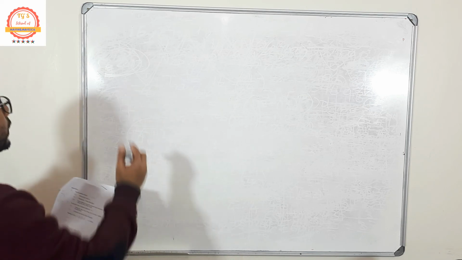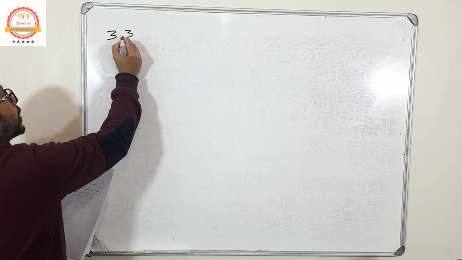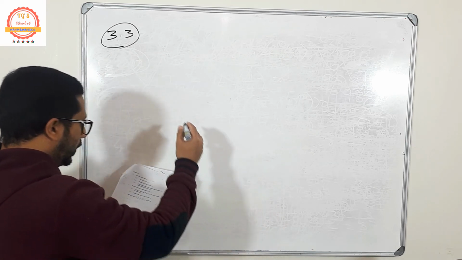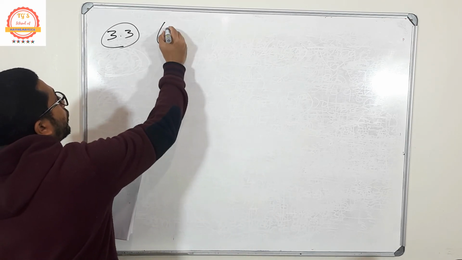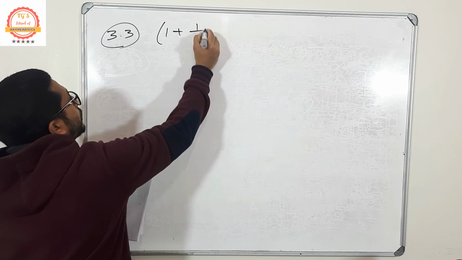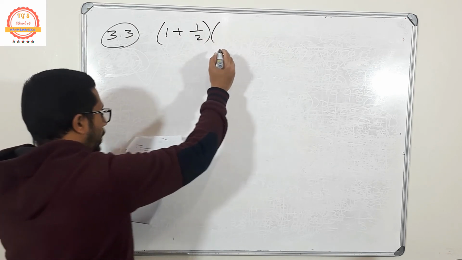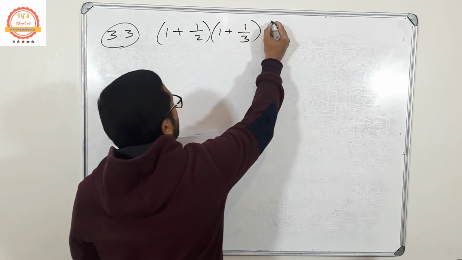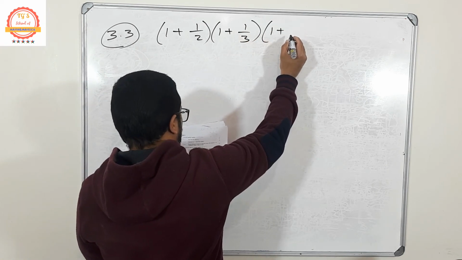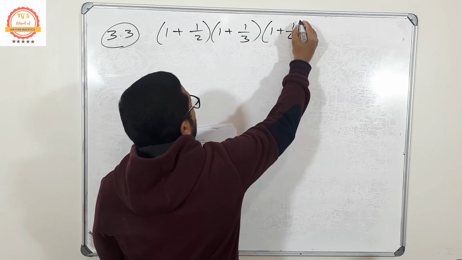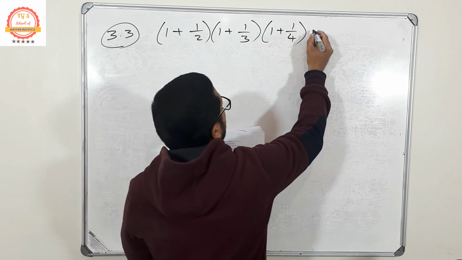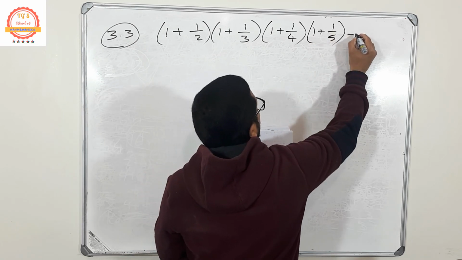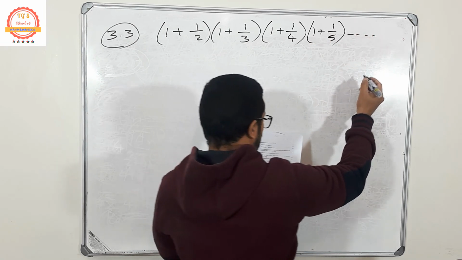Question number 3.3. What is question number 3.3? Determine the value of (1 plus 1 over 2) into (1 plus 1 over 3) into (1 plus 1 over 4) into (1 plus 1 over 5) into etc. Total how many terms are there?